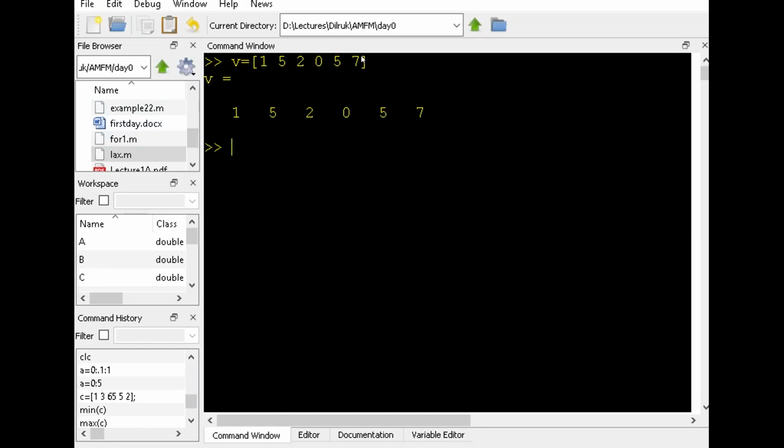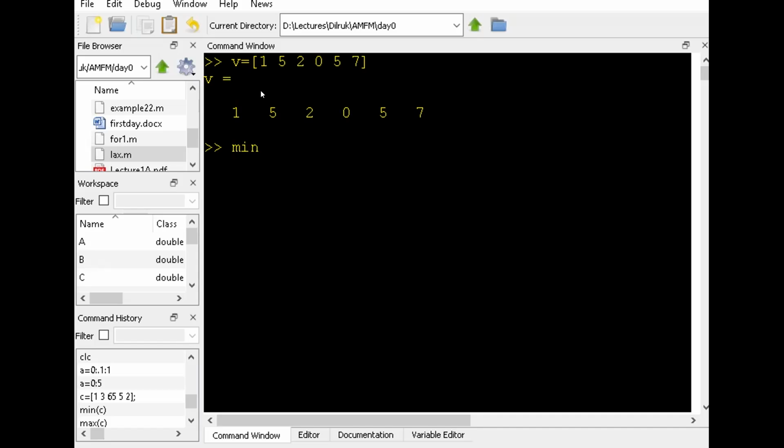It has only one row and many columns, 1 2 3 4 6 columns. Now let's find the minimum element of this vector. How do you find that?